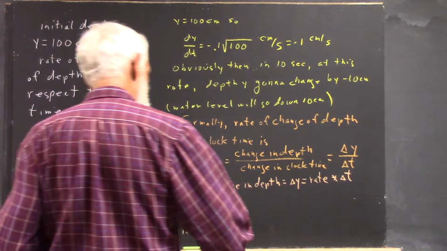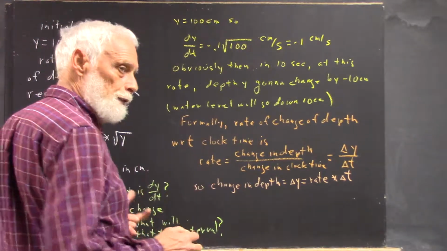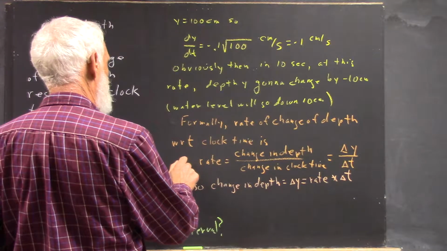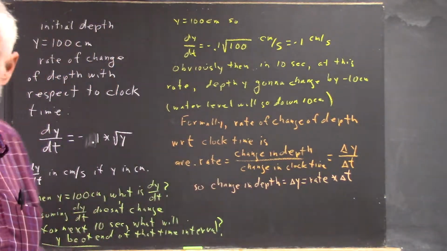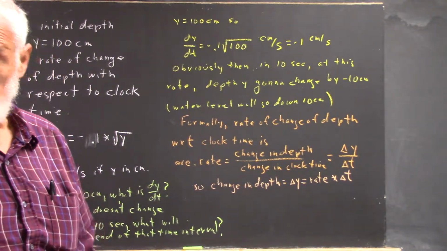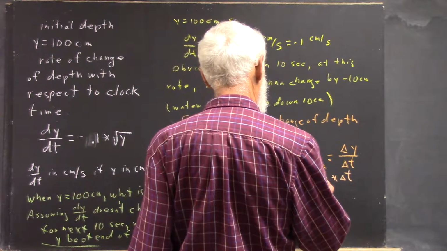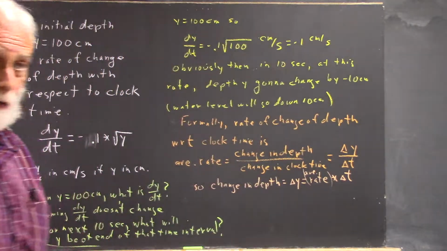Now I'm leaving out an important word, and I left it out so I could emphasize it rather than just writing it down. This is actually an average rate, because there's a difference between an average and an instantaneous rate. And you have to be sure you know which one you're using, otherwise you're going to be prone to some error. So I better put the word average in here too. Average rate times delta t, right?